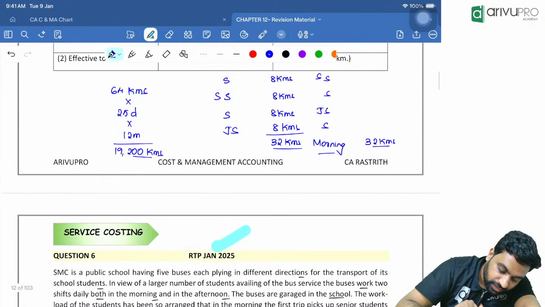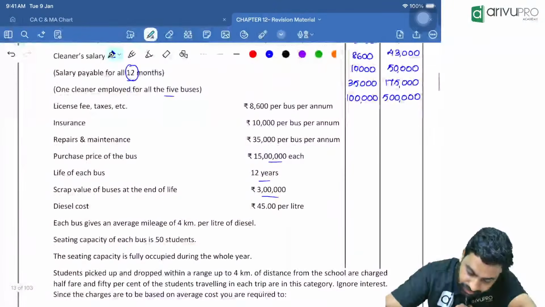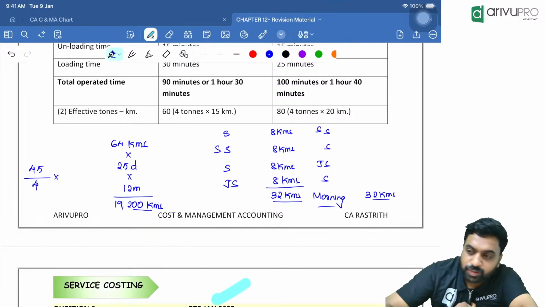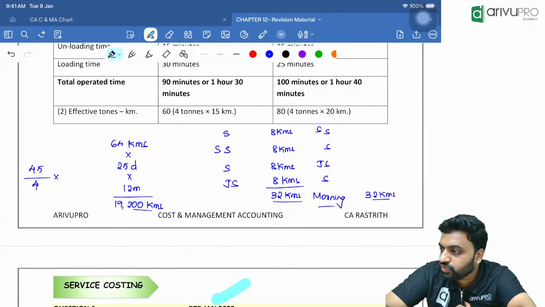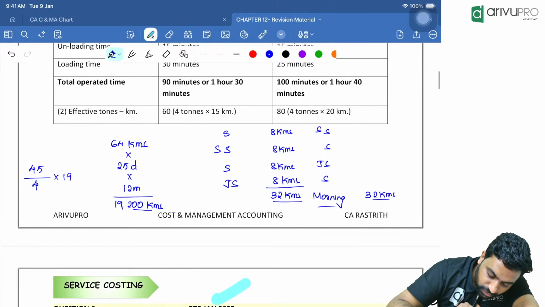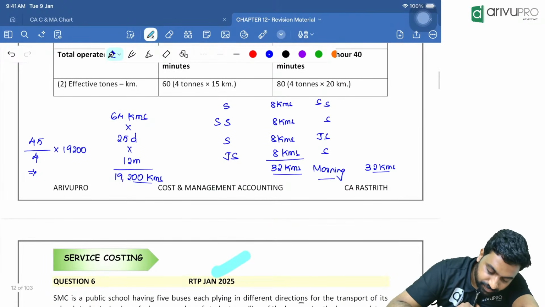Listen, with 45 rupees of diesel, we can go for 4 kilometers. That means per kilometer, I think it's around 11.25 or something. Now, for 19,200 kilometers, how much diesel cost?